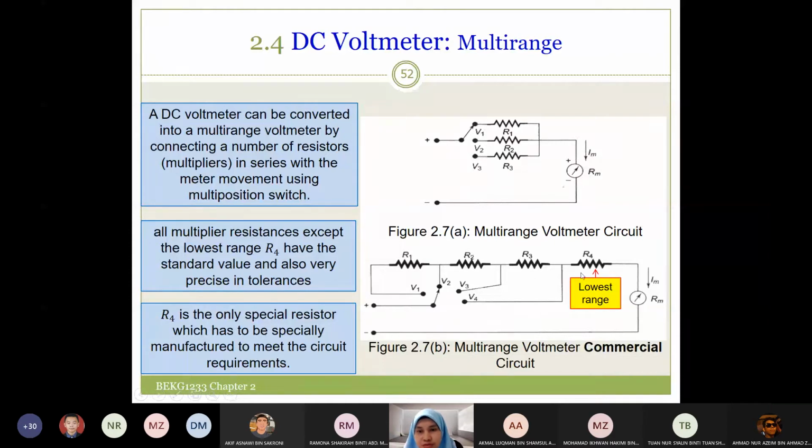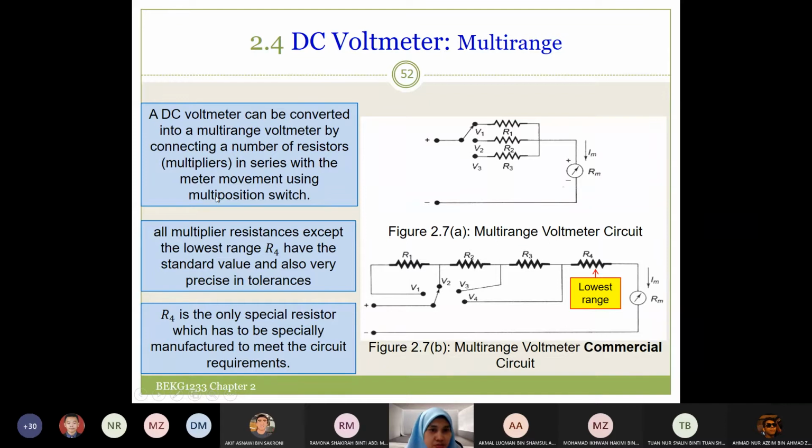The arrangement in figure A, the RS are arranged like in parallel. In figure B, the RS are connected in series. But all are connected in series with the PMMC.